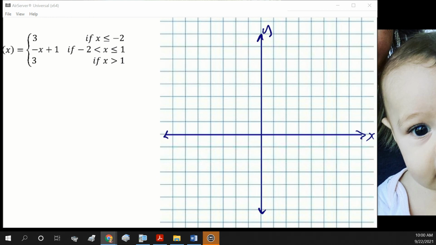So everywhere less than or equal to -2, the graph is going to be up at 3. All right, so I'm just going to go ahead and label -2 here, label 3 here. That'll help me in a second. So that means I'm going to have a horizontal line at 3. My endpoint is going to be at -2. Is it going to be open or closed? Closed. So I'll do a little close there, and then 3 all the way to the right with the arrow continuing.